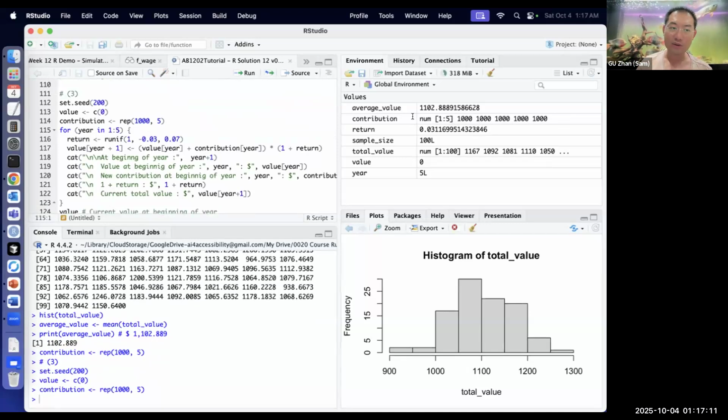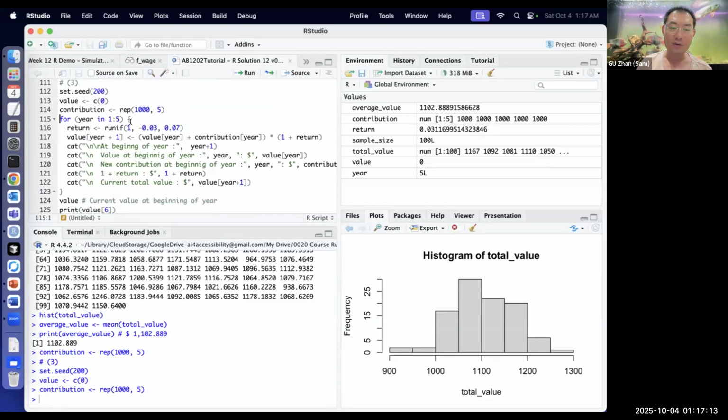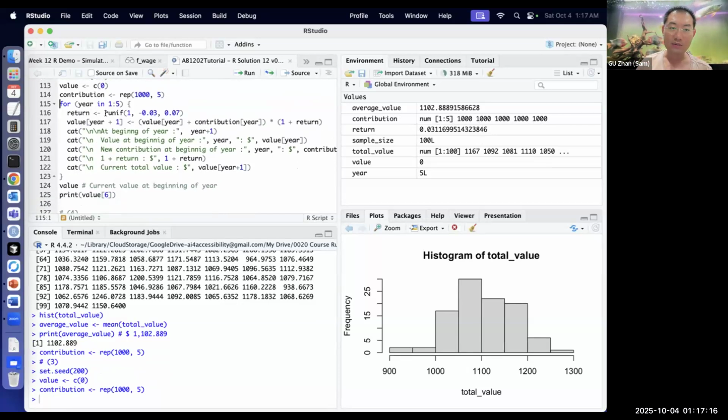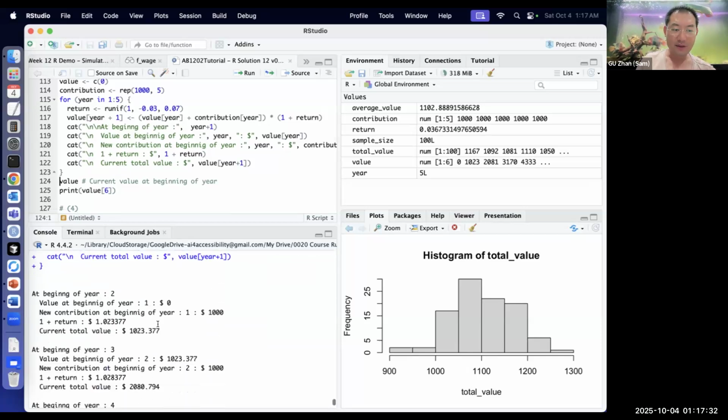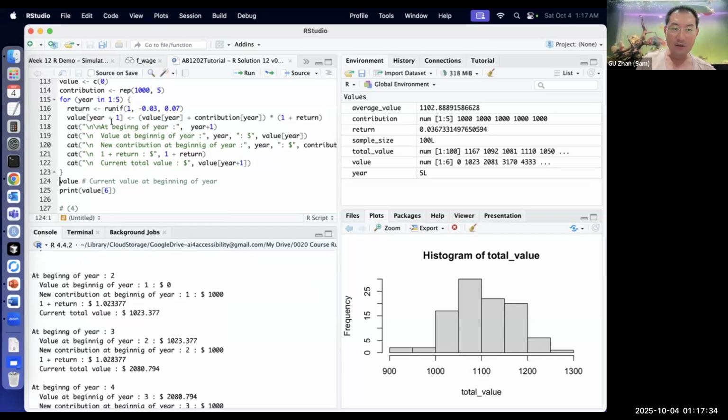Set the seed, initialize this contribution. Then after that, in years 1 to 5, you draw from the uniform distribution for your return. Then you calculate the value at the beginning of year 6. Okay, run it. So what we are seeing here is at the beginning of year 2, because in year 1 you invest how much?